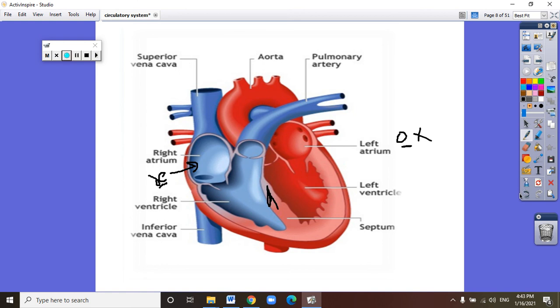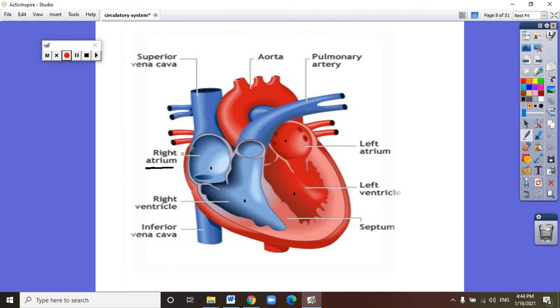And also you can see that the heart from inside is divided into chambers, or rooms. Chamber means room. The heart consists of 4 chambers: 1, 2, 3, 4. The upper chambers we call atrium.